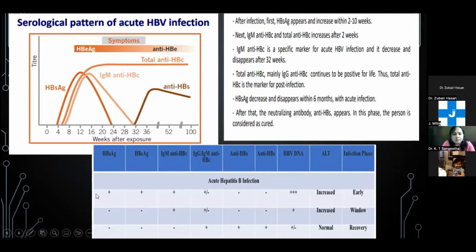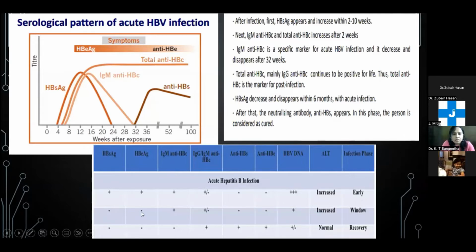In this phase we have HBsAg positive, HBeAg positive, and IgM anti-HBc with plus or minus total anti-HBc, with a high level of hepatitis B viral DNA, and your liver enzymes are increased. So this is an early acute infection.